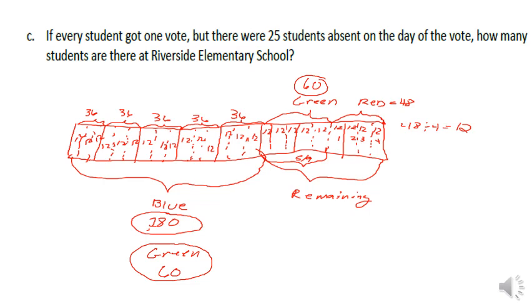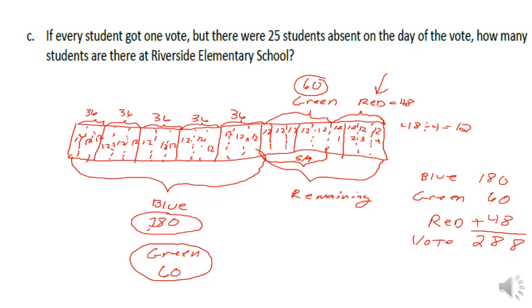Well, we can see here that the blue was 180 votes. If you look at the diagram, the next, green, were 60 votes, and the remaining, which was red, were 48. So if we add these 3 up, we get 288 votes total cast.